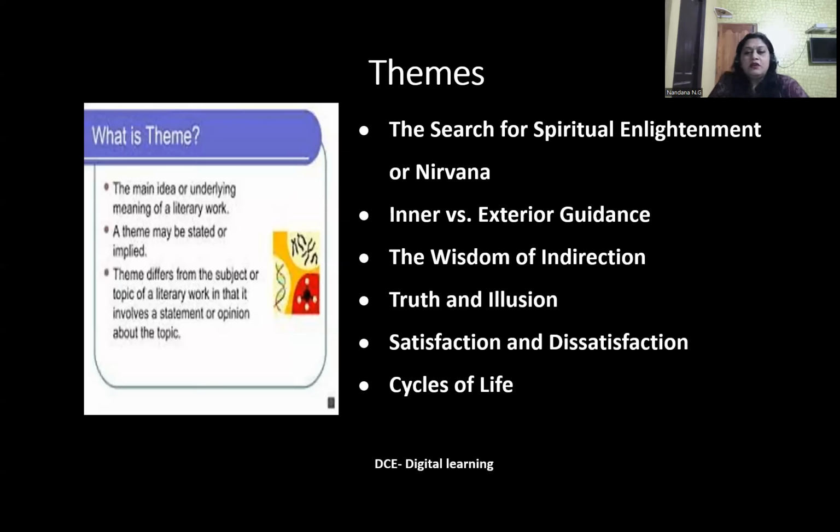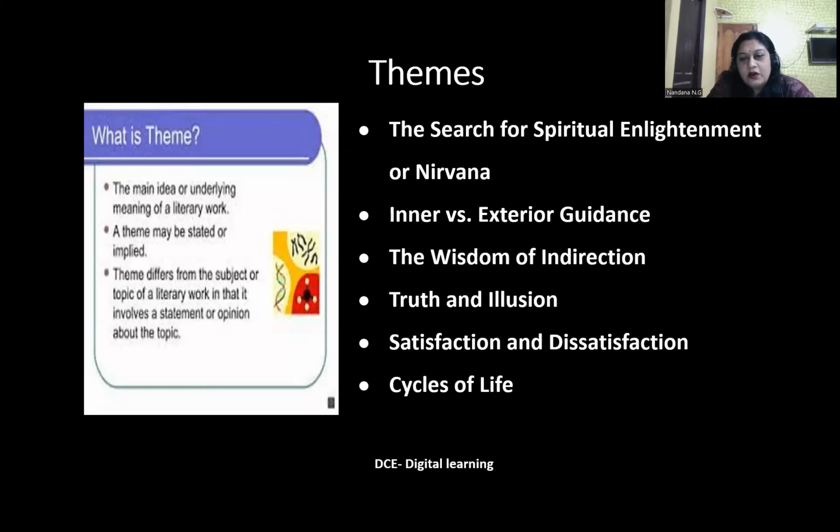Next, the third theme, wisdom of indirection. This again we can later discuss in the other sessions wherein the critical analysis of the text is done. There, the wisdom or the knowledge of indirection, how at times we are not aware which direction we are traveling, but yet somehow we come to the ultimate destination. Truth and illusion. This is a very important theme through the course of the novel.